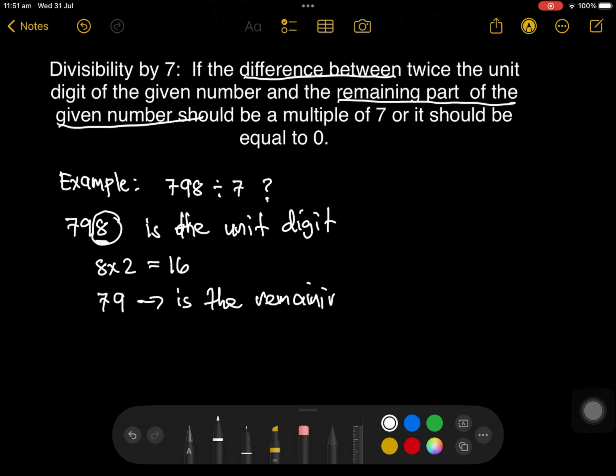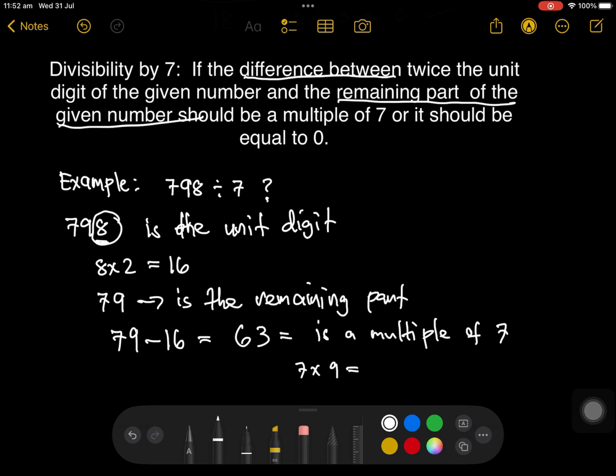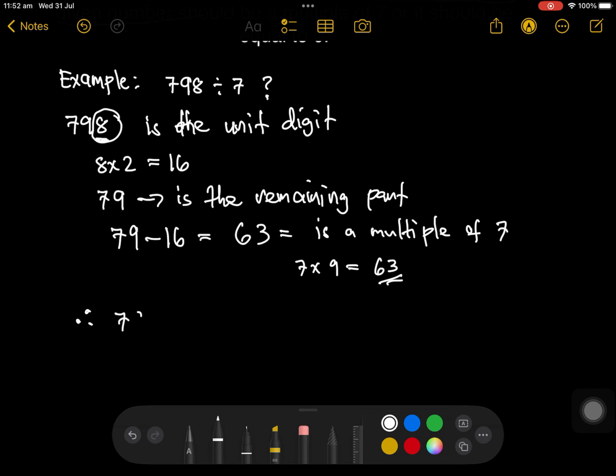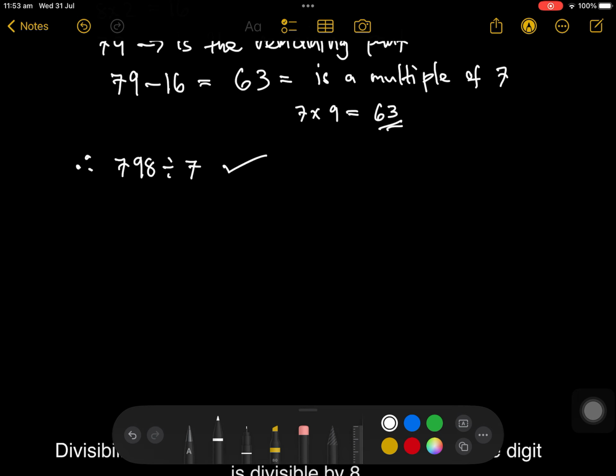So 79 is the remaining part. 79 minus 16 is equal to 63. And 63 is a multiple of 7, which is 7 times 9, right? So therefore, 798 is divisible by 7.